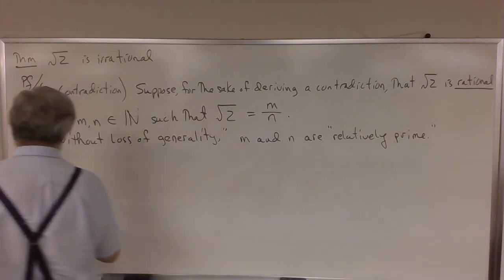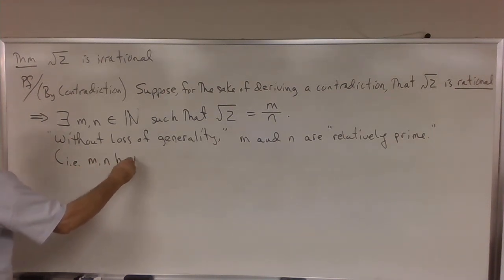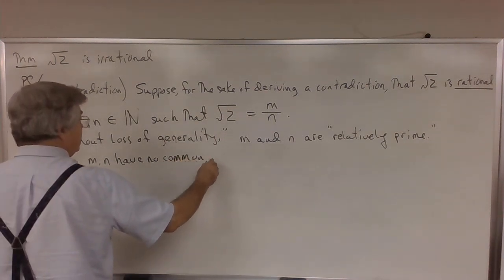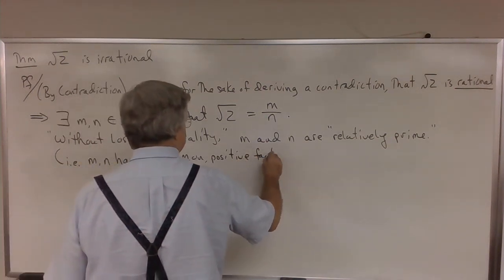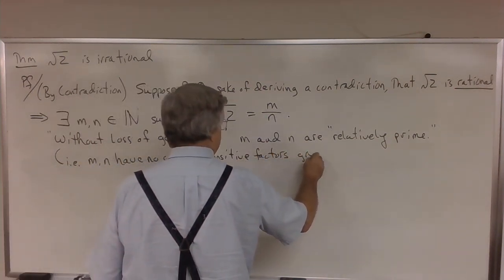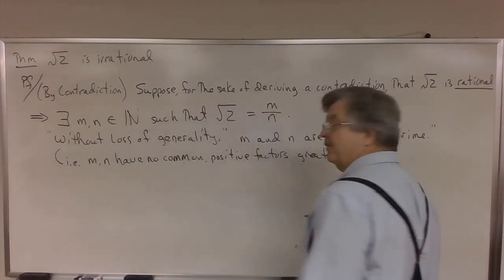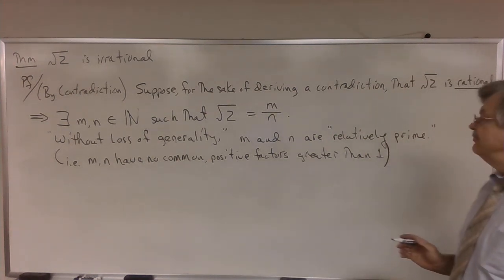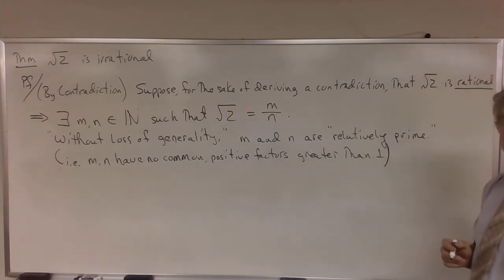In case we don't, that means that m and n have no common positive factors or divisors greater than 1. Of course, they both have a factor of 1, but we're assuming they have no divisor larger than 1.